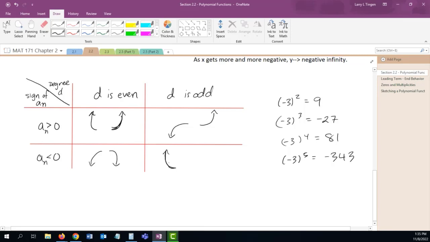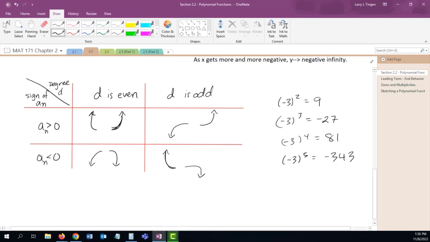A negative times a negative is positive. And as x goes to positive infinity, my function dives toward negative infinity, because now I've got like 800 cubed, which is a very, very large number, but the leading coefficient is negative, so it becomes negative, whatever that number is.